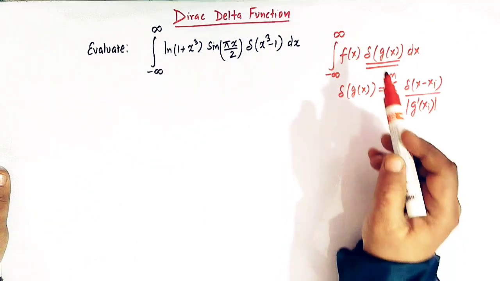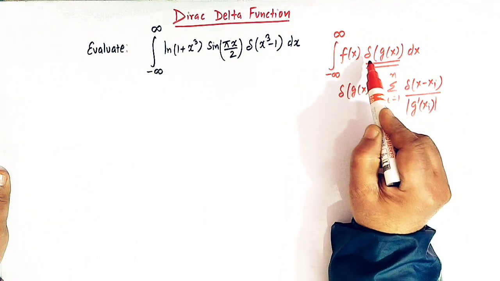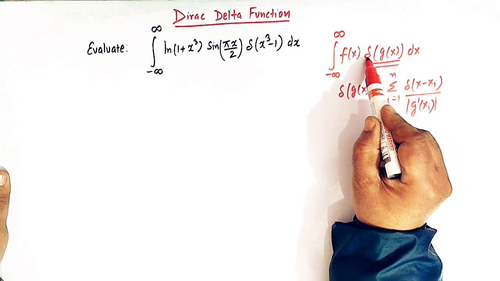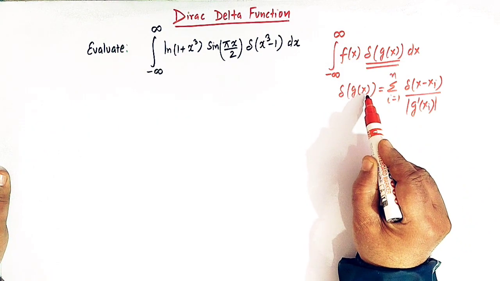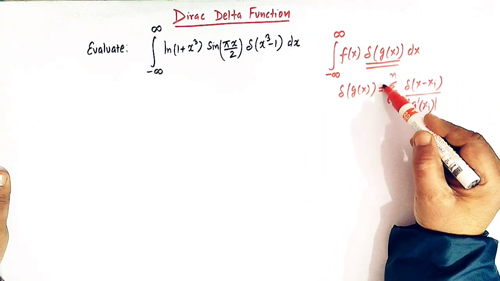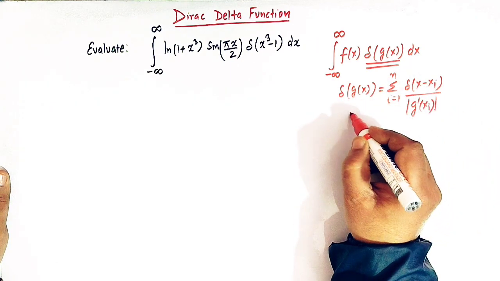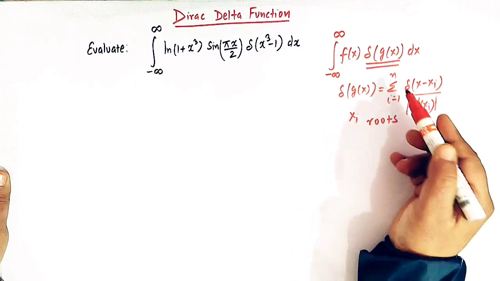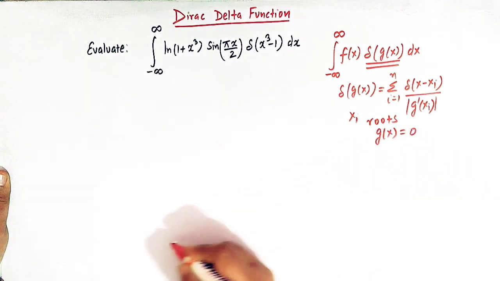Whenever we have to evaluate an integral of this kind, with a function inside the Dirac delta, delta of g of x can be given by this formula. And here the xi's are the roots of the equation g of x equal to 0.